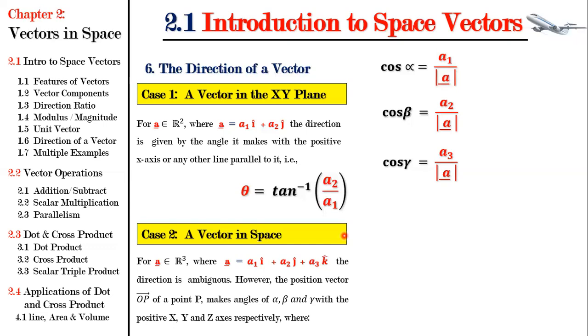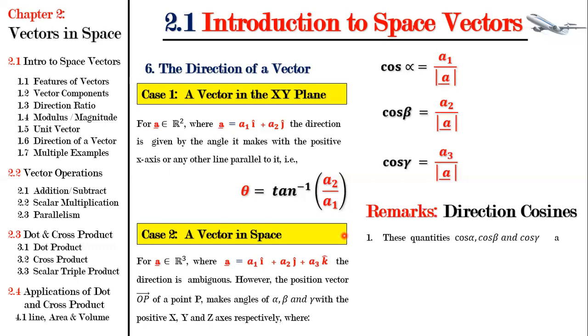However, in space, we talk about cos alpha, the angle it makes with the positive x-axis, cos beta, the angle it makes with the positive y-axis, and cos gamma, the angle it makes with the positive z-axis. And these are the angles that any vector OP will make. Now, these ratios will give us what we call the direction cosines. I'll discuss this shortly.